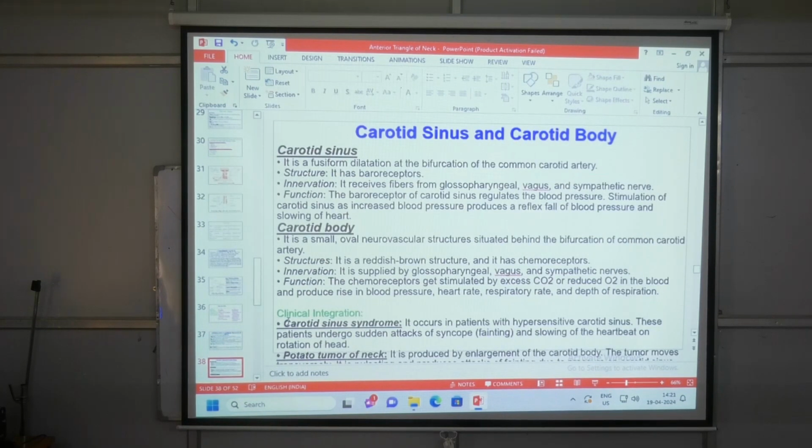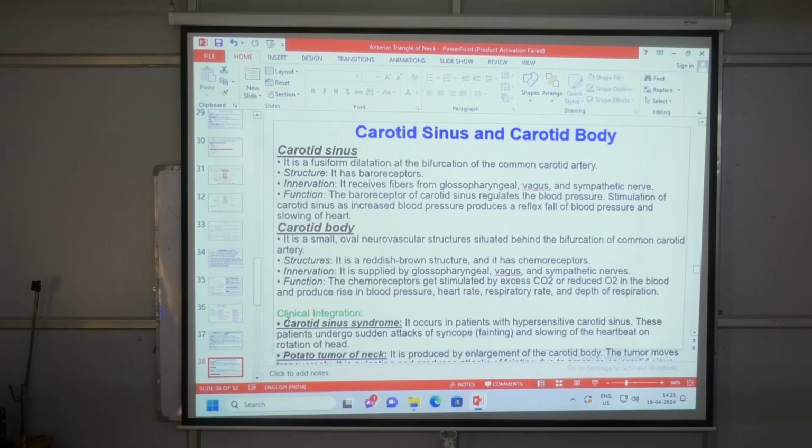Next is the carotid sinus. Carotid sinus is a fusiform dilatation at the bifurcation of the common carotid artery. It has baroreceptors. Innervation: it receives fibers from glossopharyngeal, vagus, and sympathetic nerves. What are the functions?